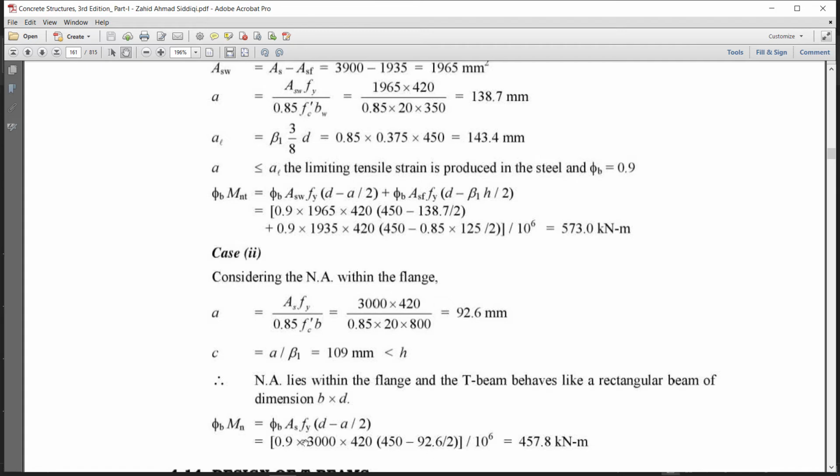You can see we have used 0.9 because a remains the same, and beta 1 times 3 by 8 d is 143.4 millimeter. Our a is less than this, so we use the factor 0.9. For the rectangular section design, we got the answer 457.8 kilonewton meter.